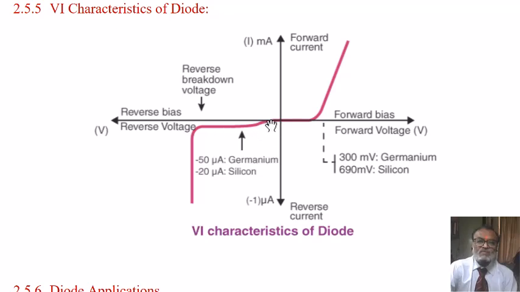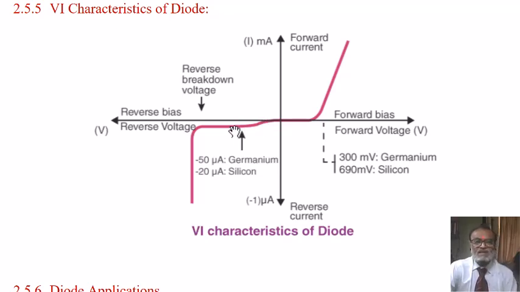But since at room temperature, some of the minority charge carriers are present, those are generated due to the thermal agitation or room temperature. This very small amount of charge carriers leads to very small amount of current during reverse bias also. That is called as reverse leakage current.